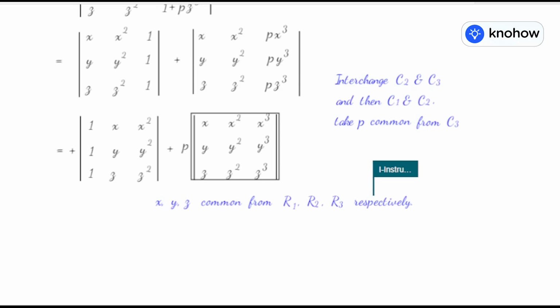So if you are taking common from row 1, row 2, and row 3, outside we have the product x, y, z. P is already there, so it will be p times x, y, z. You still keep the first determinant 1, 1, 1, x, y, z, x square, y square, z square as such. And from the second you are taking x, y, z common from rows 1, 2, 3 respectively, so outside you get p, x, y, z.